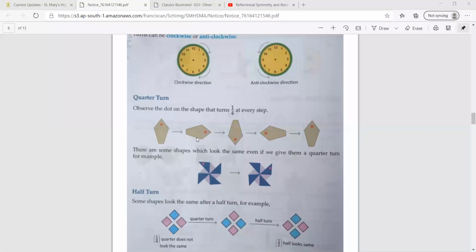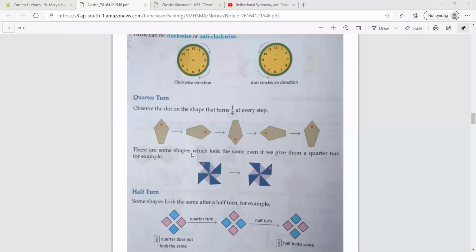And when again it is moved 90 degrees, it will become like this. Again when it is moved 90 degrees, it will become like this. And when it is moved again 90 degrees, it will become like this. Okay, so to get back the original shape, how many turns we had to do? 1, 2, 3, 4. Understood?